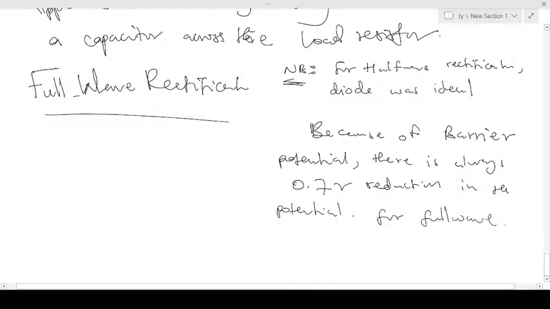Aside from that, the resistance of the diode also may contribute to the voltage in accordance with Ohm's law. So keep that in mind.